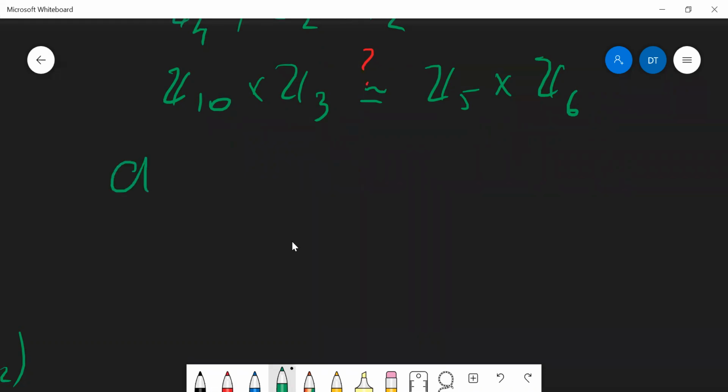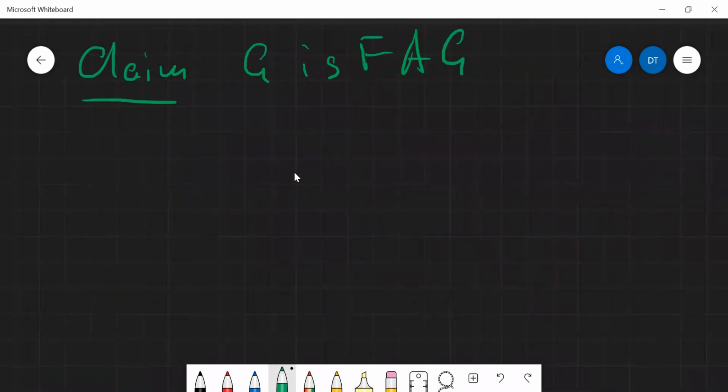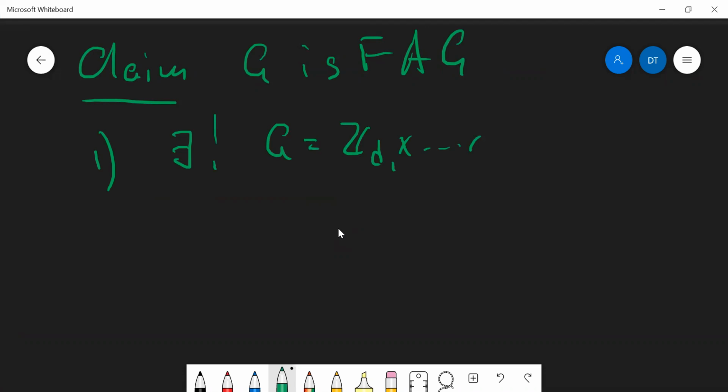So the claim. Suppose G is a finite abelian group. Then it's uniquely presentable in two different forms. So, there is a unique presentation of G in the form Z_d1 times etc. times Z_dk, where d1 divides d2 divides d3 etc. divides dk. So that's the first claim.